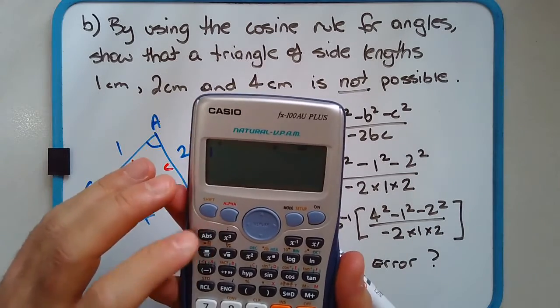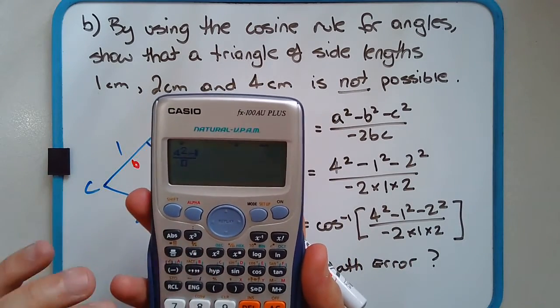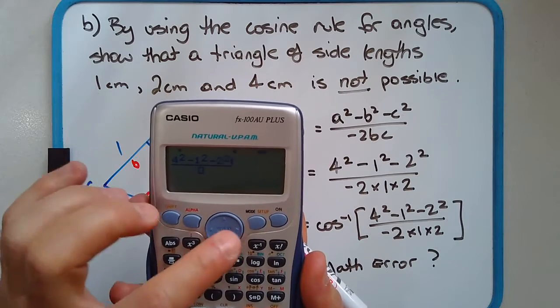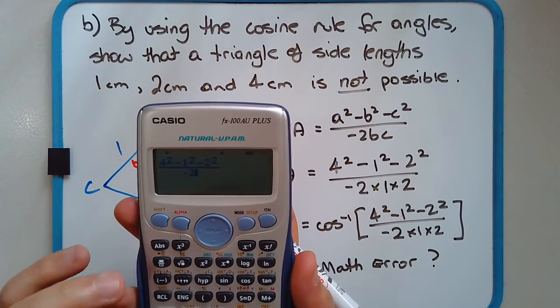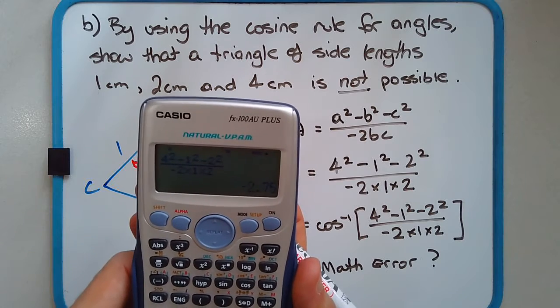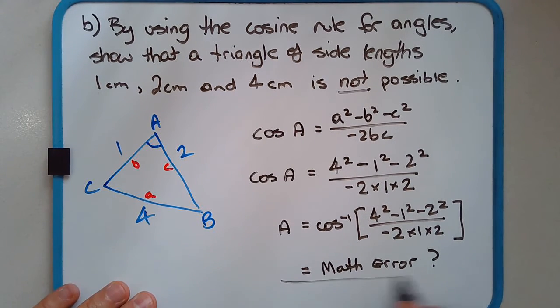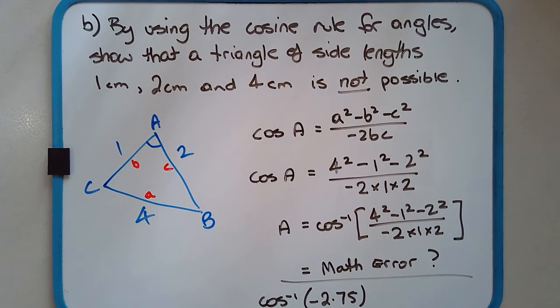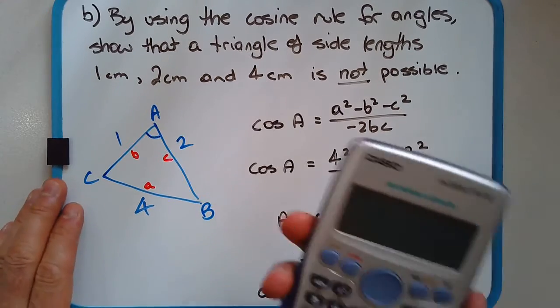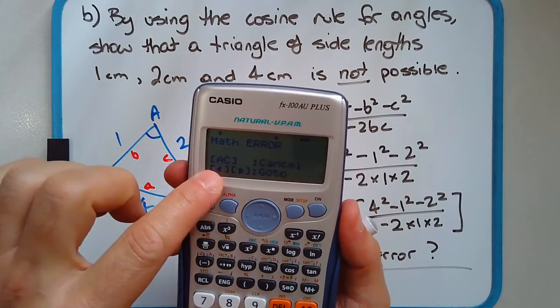Okay, so 4 squared minus 1 squared minus 2 squared over negative 2 times 1 times 2, we get negative 2.75. So why is this? Inverse cos of negative 2.75 is not possible.